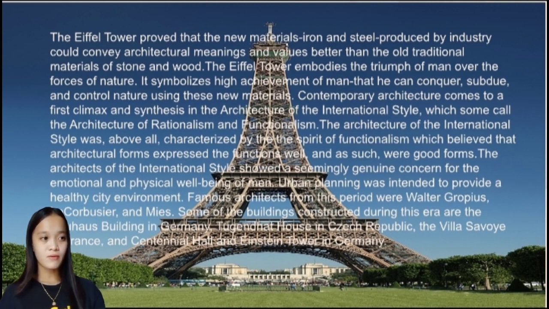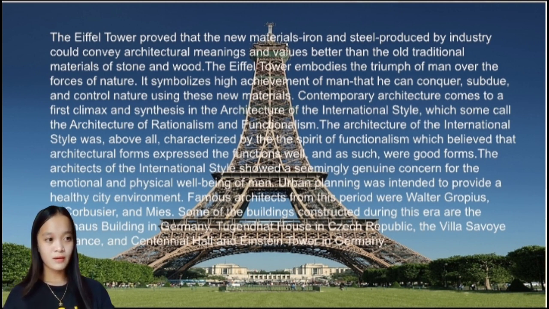Famous architects from the period were Walter Gropius, building in Germany, the Tugendhat House in the Czech Republic, the Villa Savoye in France, and Centennial Hall and Einstein Tower in Germany.